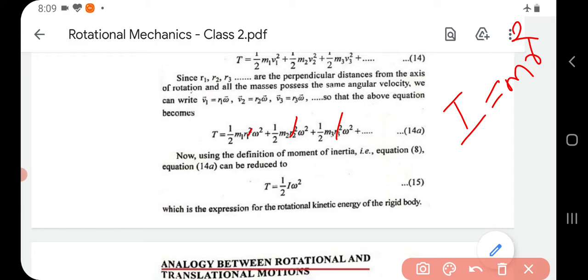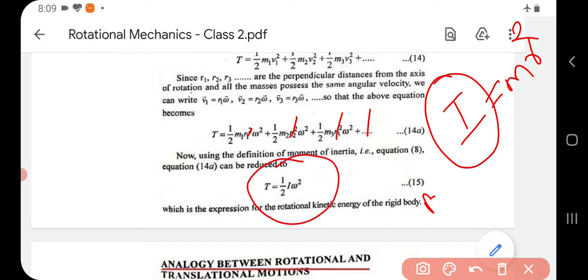So you just replace those with I. Then what remains is omega square. That is how you get this expression. So T equal to half I omega square is your expression for the rotational kinetic energy of the rigid body, where I is the moment of inertia and omega is the angular velocity. Rotational kinetic energy is represented by the capital letter T.